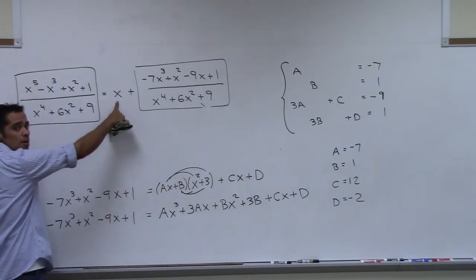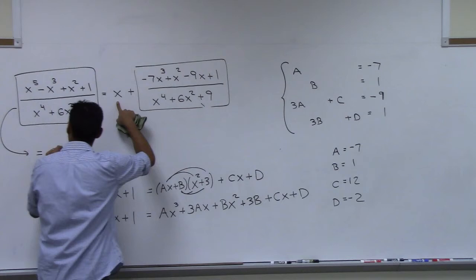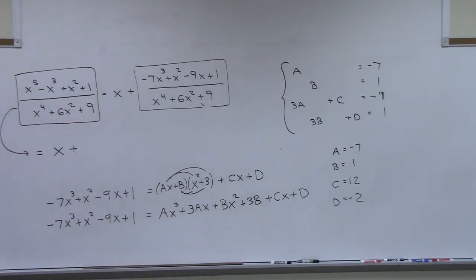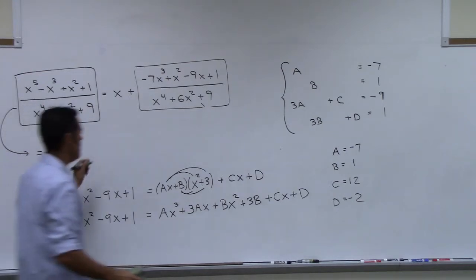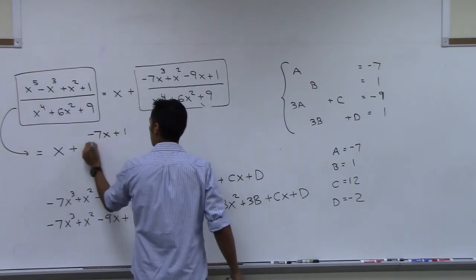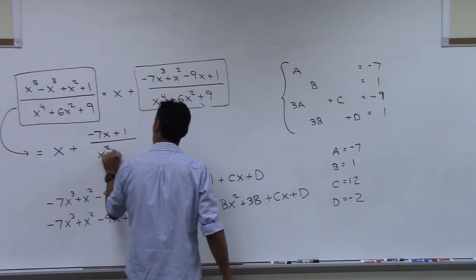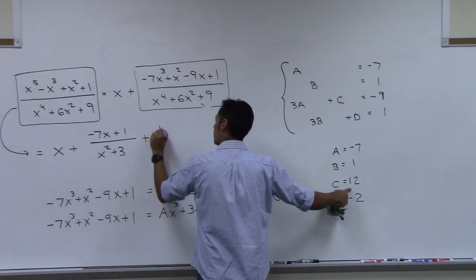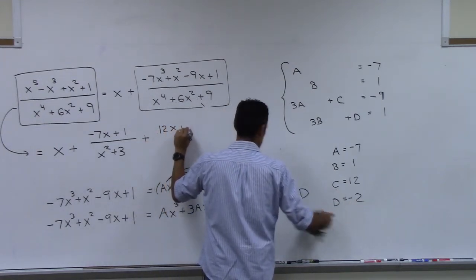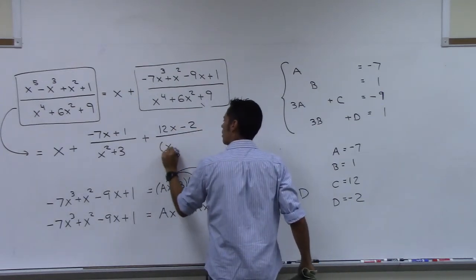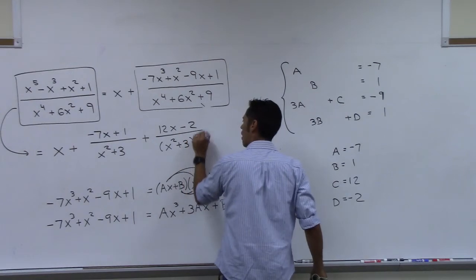Remember the x from the long division? x plus (ax plus b) over (x squared plus 3), and then (cx plus d) over (x squared plus 3) squared. There it is.